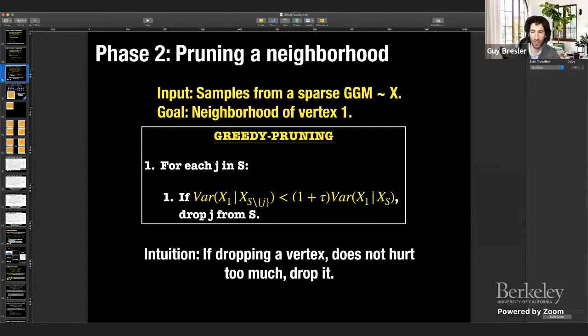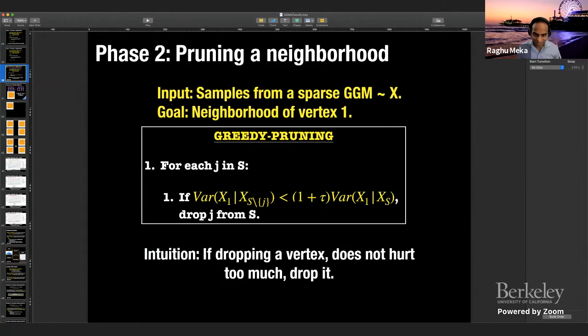Have you guys tried running your algorithm on some data sets? So let me answer Guy first. Yes, Freddie tried it on some examples, and it seemed to work pretty well. One of the things we tried was to see how realistic this walk summable assumption was.